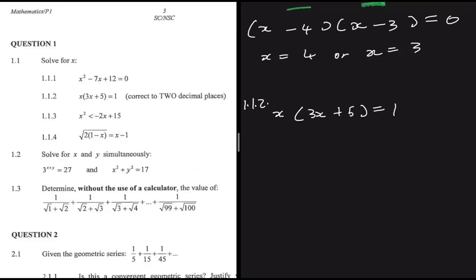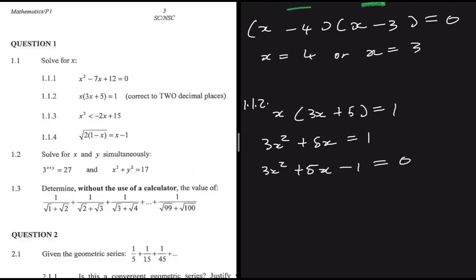So let's go ahead and try writing this in standard format. If we solve the left hand side, we're going to get 3x squared plus 5x is equal to 1. We take 1 to the other side to get 3x squared plus 5x minus 1 is equal to 0, right?